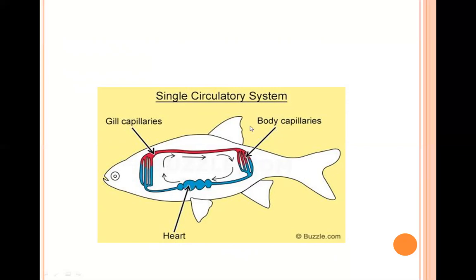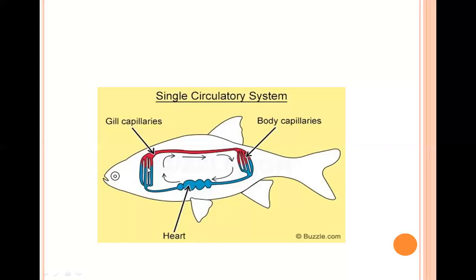After the body parts absorb all the oxygen, they throw their carbon dioxide back into the veins that are blue in color. These are the veins arising from the body capillaries, or you can say arising from the body parts. These capillaries which have deoxygenated blood become a vein, and this vein again goes to the heart, to be pumped by the heart back to the gills.